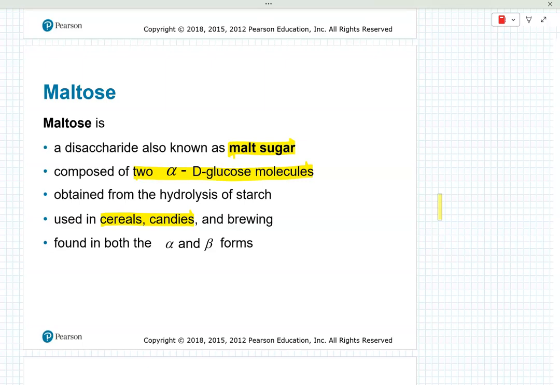You have, for instance, barley, right? It's a malty grain. You ferment it. Carbohydrates from barley get broken down, and one of the products is maltose. That makes sense?